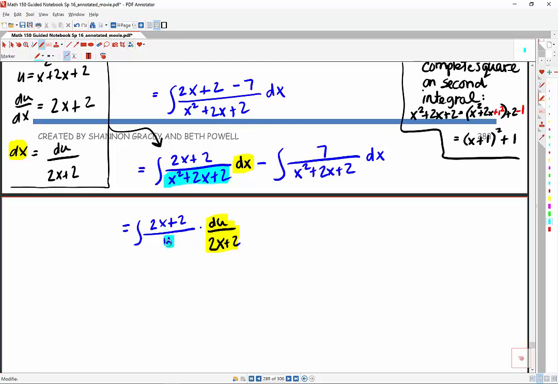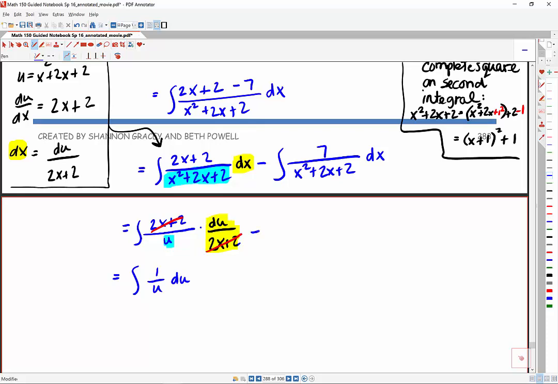And check that out. That works out beautifully, right? Because we can divide out these 2x plus 2's, and we're going to end up with the integral of 1 over u du. But don't forget, we still have this second integral going on, right?